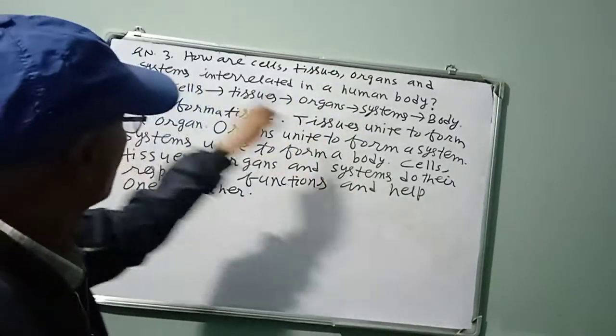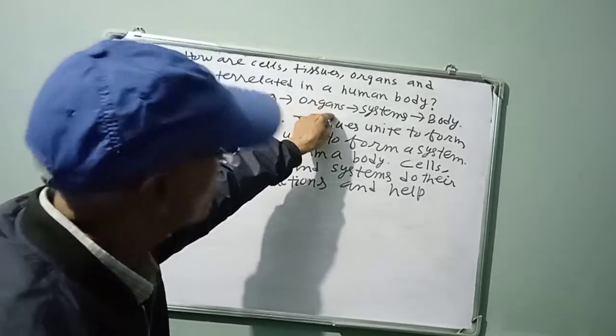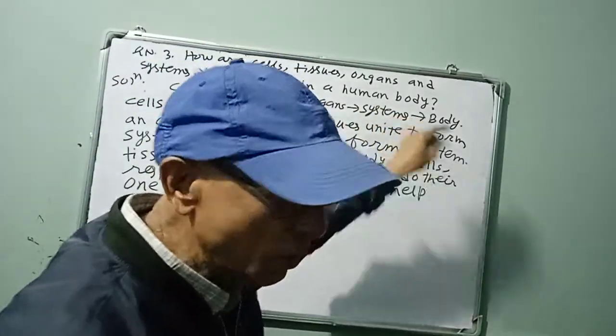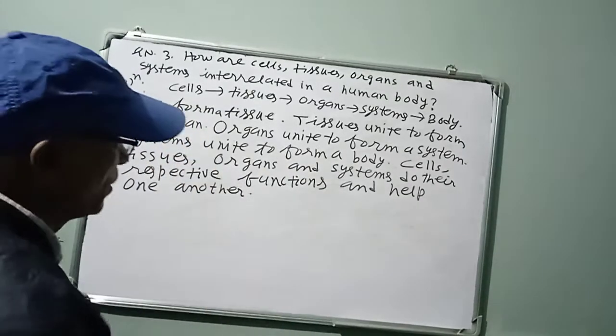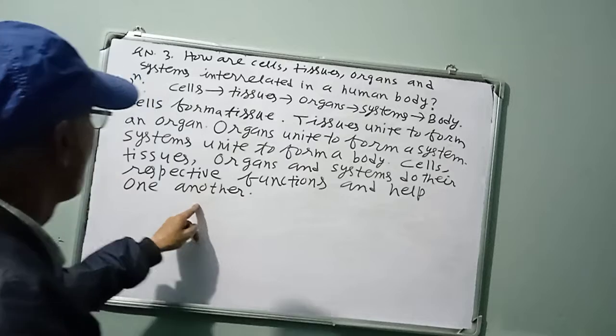They help each other. Cells do their functions. Tissues also do their functions. Organs do their functions. Systems do their functions. All of them combine together, means help each other, and our body functions.